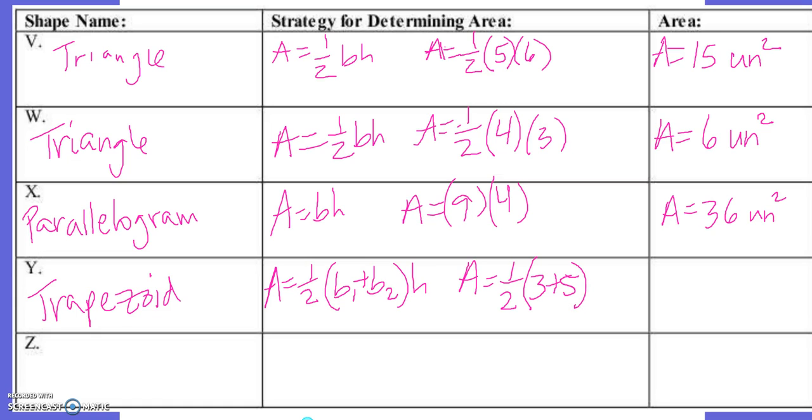And then that vertical height we determined to be 4. When you plug this into your calculator, make sure you include all of those parentheses. So A is going to be equal to 16 units squared.